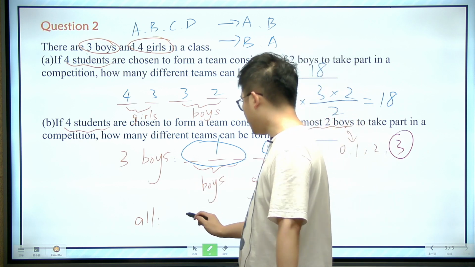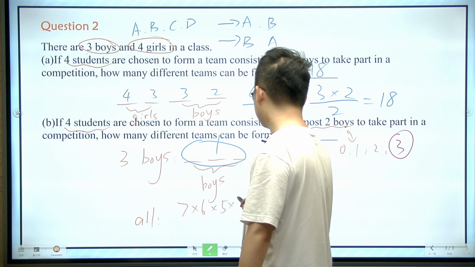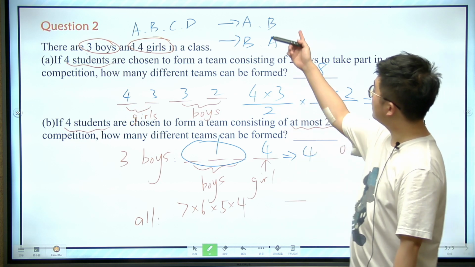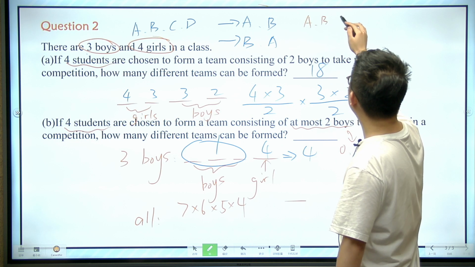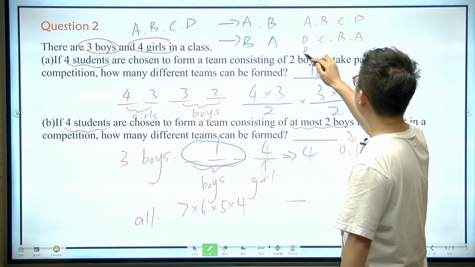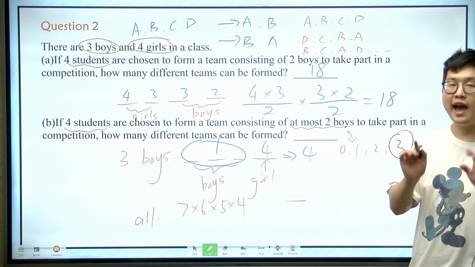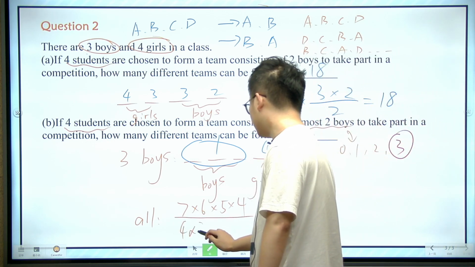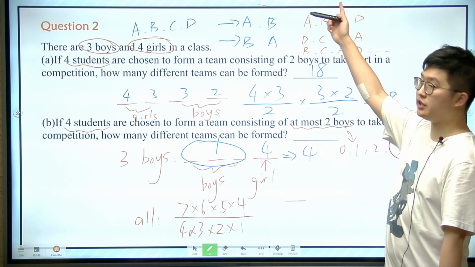If we choose randomly, it would be 7 times 6 times 5 times 4. And of course, A, B, C, D is the same as D, C, B, A, and B, C, A, D, and so to speak. So in fact, we divide by 4 times 3 times 2 times 1, because we have 4 team members.